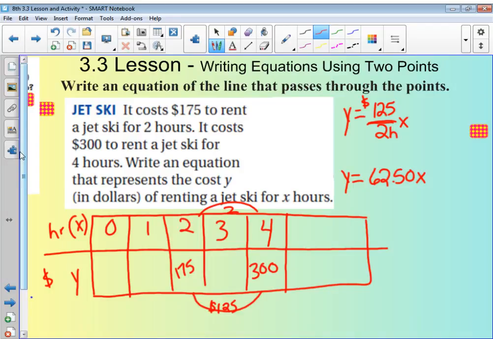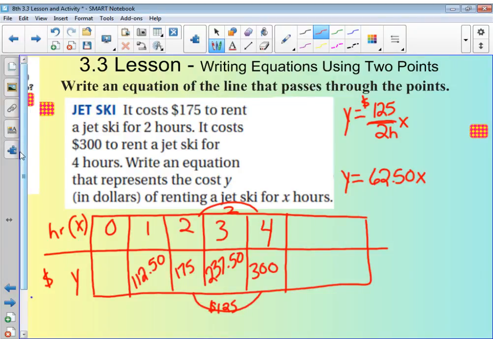Okay, so now we need to find out what that y-intercept is. Okay, so if I go through and I fill in the rest of my data here, let's see, $300 minus my 62.50, which I don't really have to have this one in there, but I like to see it all. So if we rented it for 3 hours, it'd be $237.50. So now we'll work backwards. So 175 minus the 62.50 gives me $112.50.